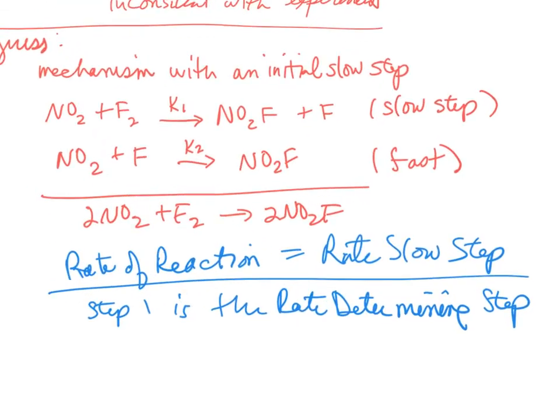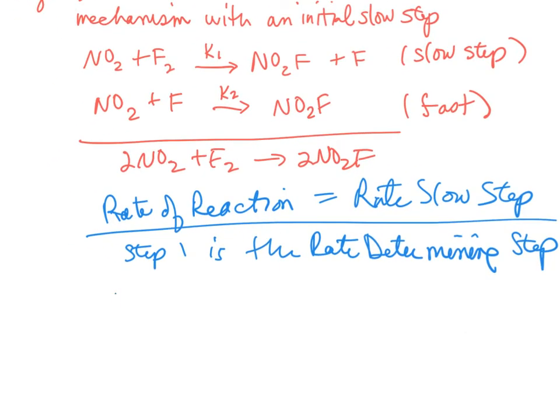So if that's the case, then we can say the rate for the first step is equal to k1 times NO2 to the first power, because that's the coefficient, times F2 to the first power.